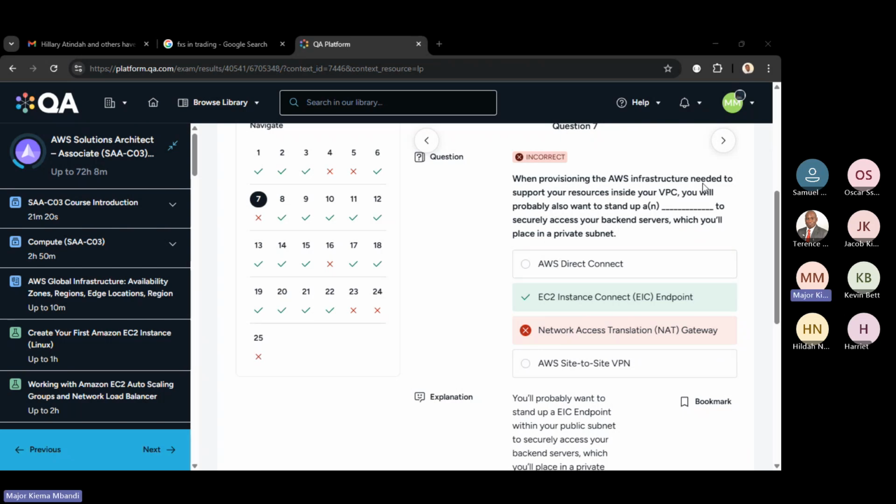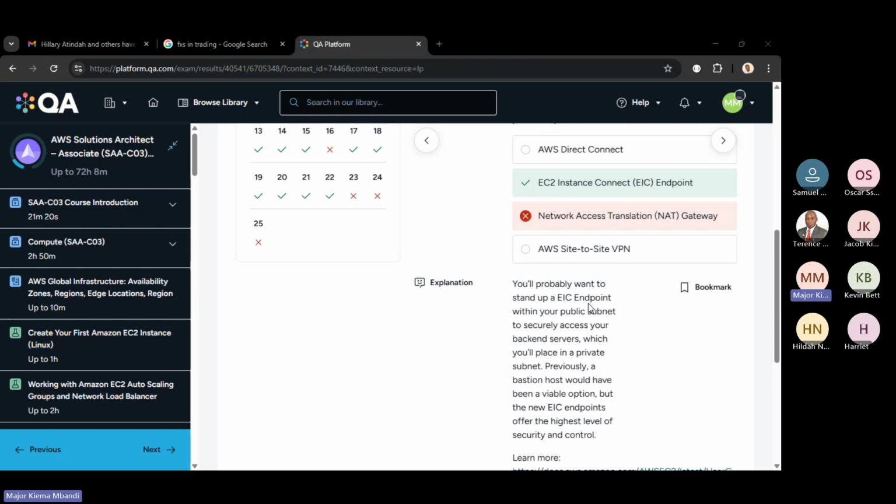When provisioning AWS infrastructure needed to support your resources inside a VPC, you probably want to stand up an EIC endpoint to securely access your backend server, which you will place in a private subnet. A Bastion host would have been a viable option, but the new EIC endpoint offers the highest level of security and control.